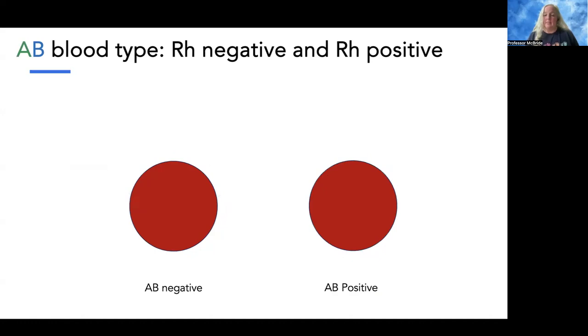For AB, same scenario, but now we have A antigens and we have B antigens for AB blood type. So both antigens are on the red blood cell. If there is not the RH factor, it's RH negative. And then if you have A antigens, B antigens, and the RH factor, they are AB positive.